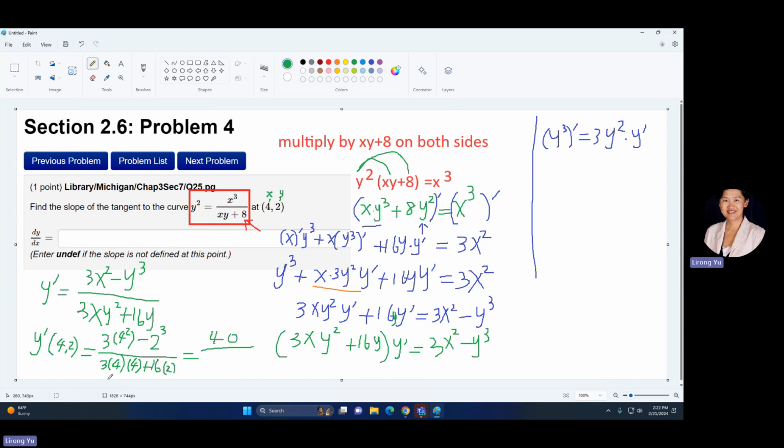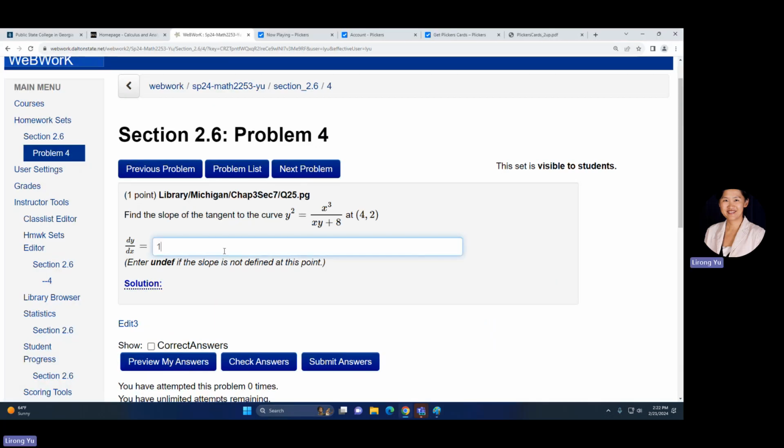The denominator is 3 times 16, which is 48. 48 plus 32 is 80. That's interesting. The answer is actually 1/2, at least on my version of it.